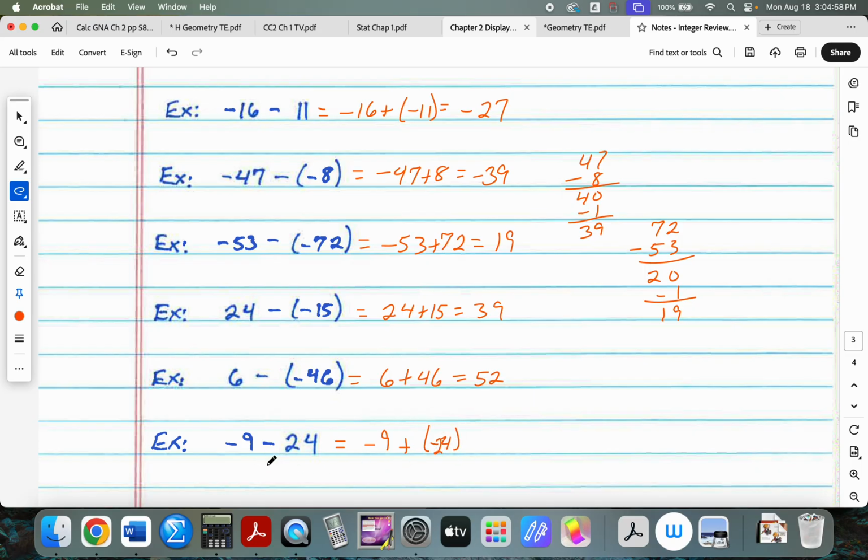So we're going to change these from subtraction to addition by saying add the opposite. So I'm going to add the opposite of positive 24, which is negative 24. These are both negative, so I'm going to add them together. So that's 33, and it is going to be negative.